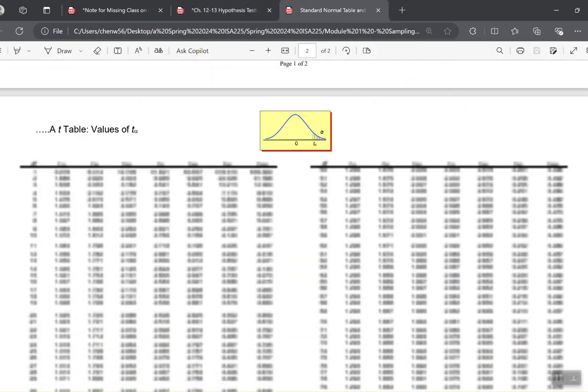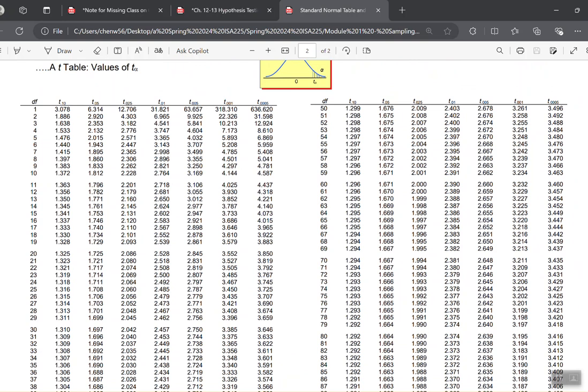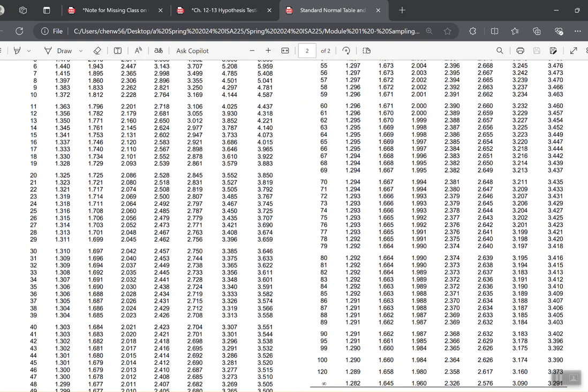Okay, so then let's go to the t-table. Degree of freedom is 84. So that will be this row, right?